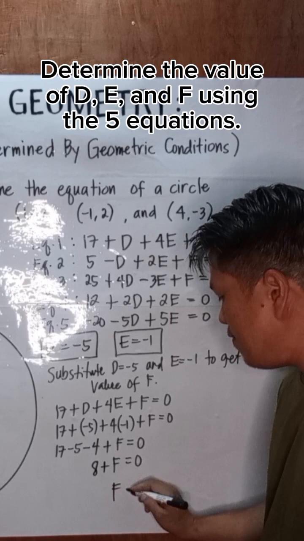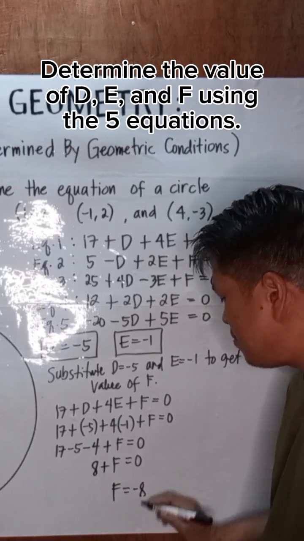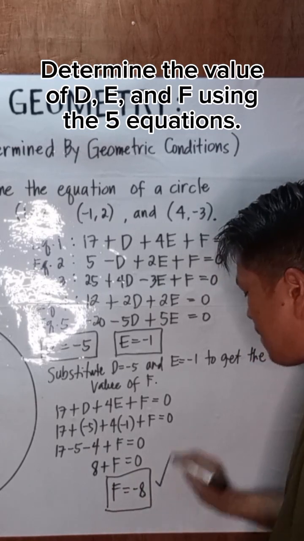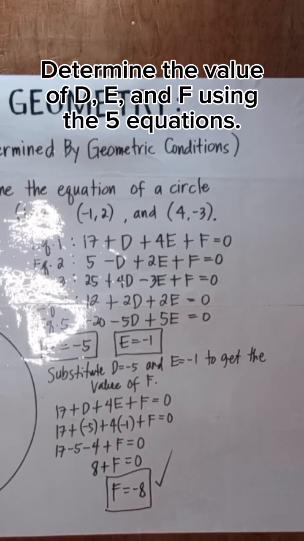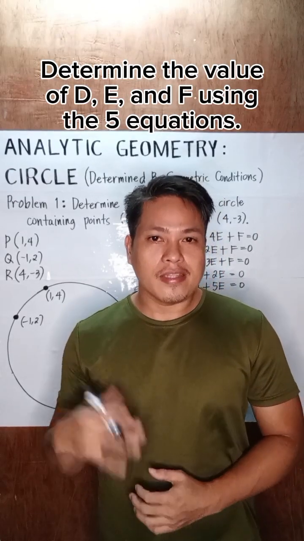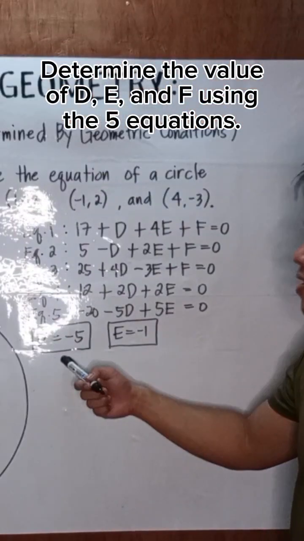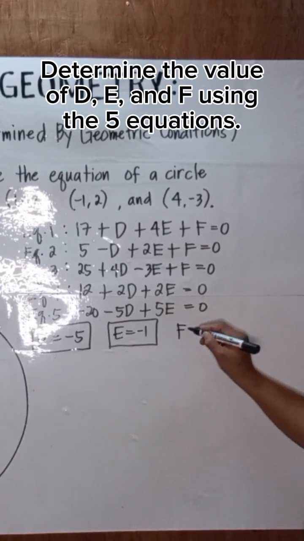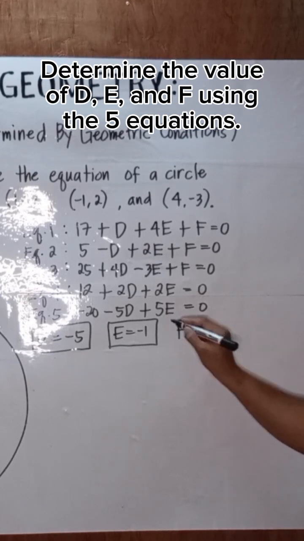Therefore, ang F natin is negative 8. Now, isulat ulit natin yung value ng F katabi ng D at E. D is negative 5, E is negative 1, then F is equal to negative 8.